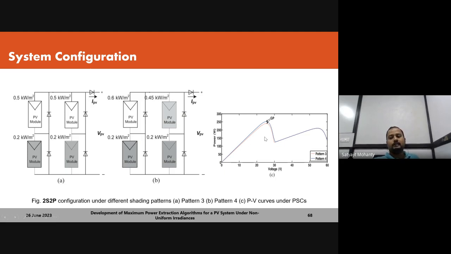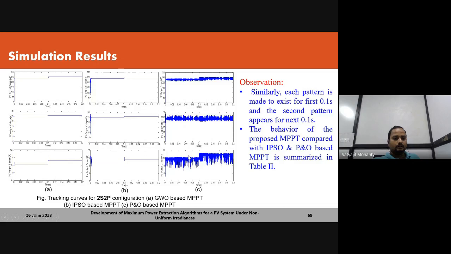So you can see these are the peaks for pattern 3 and pattern 4, and these are the global peaks. Same way, you can see the power, voltage, and current. The first column is the GWO, the second one is the improved IPSO, and the third is the conventional water band object, which has lots of oscillations.